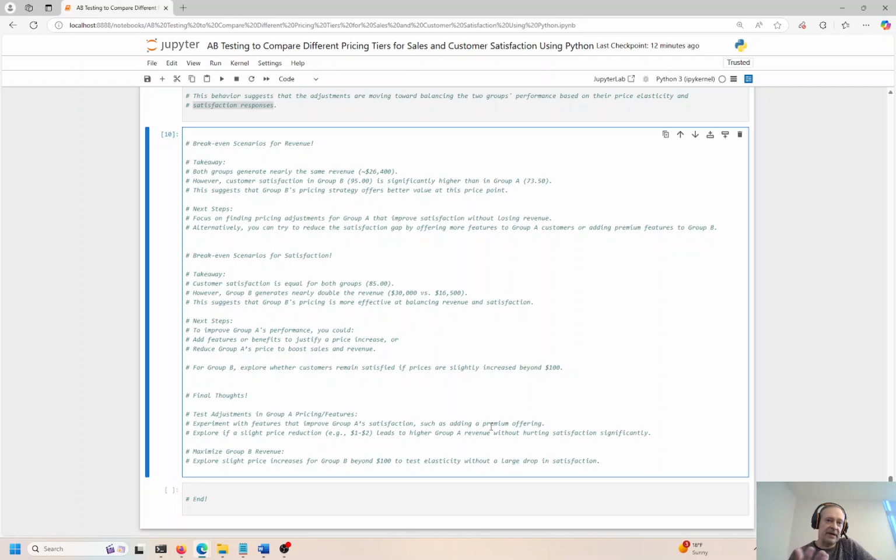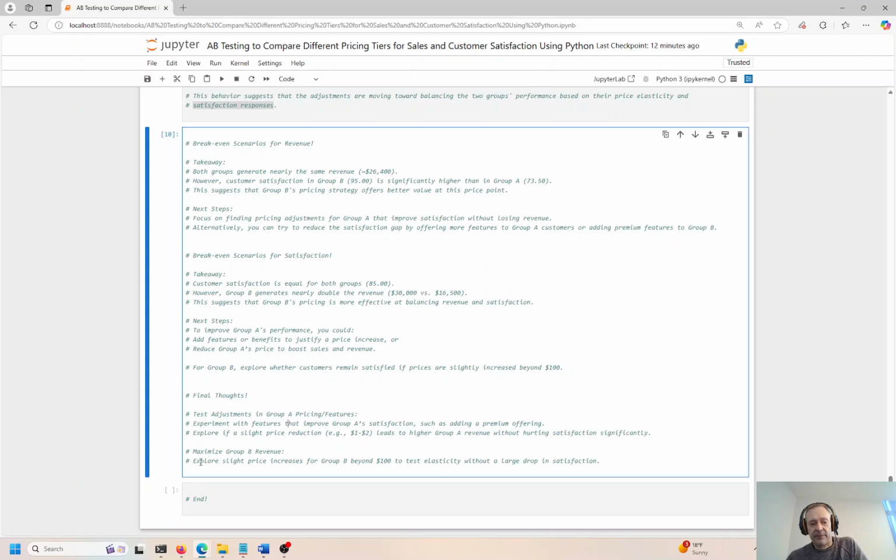Create a perceived enhanced value, create a perception that product A is giving you some kind of intrinsic benefit or some kind of future benefit the next time you come back to the store and purchase that item that has a label A assigned to it, right? Experiment with features to help improve A satisfaction. Add premium offerings.